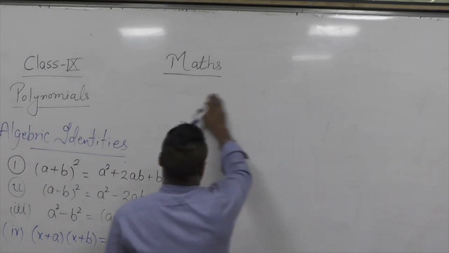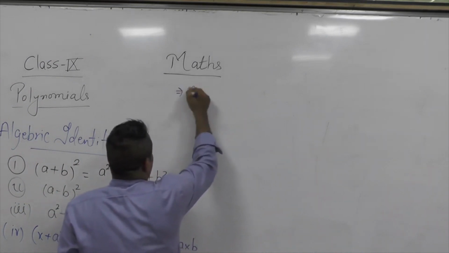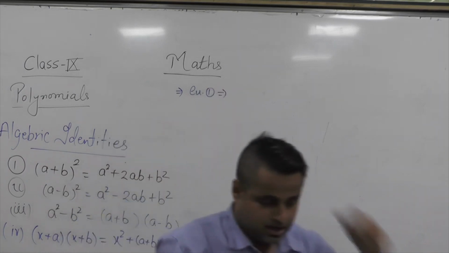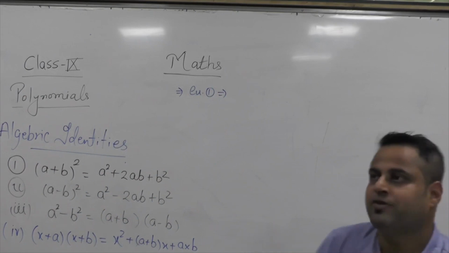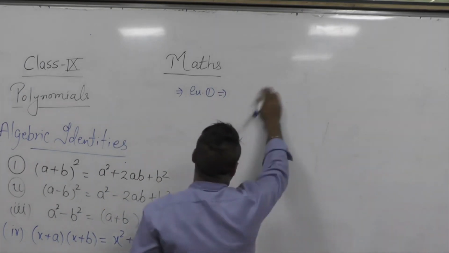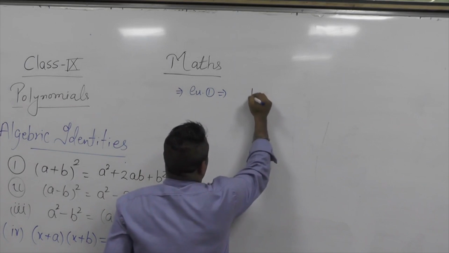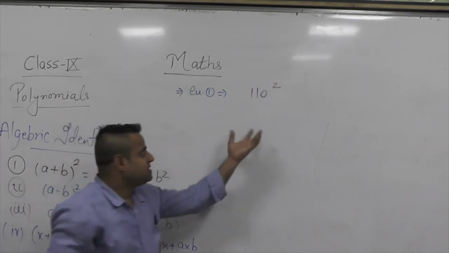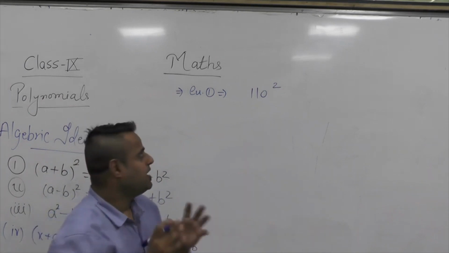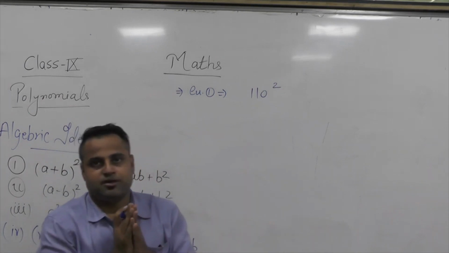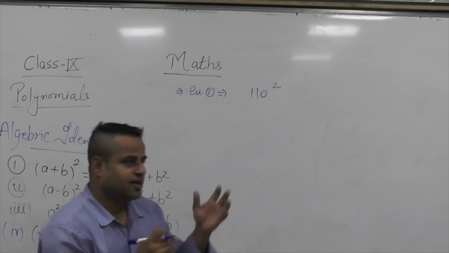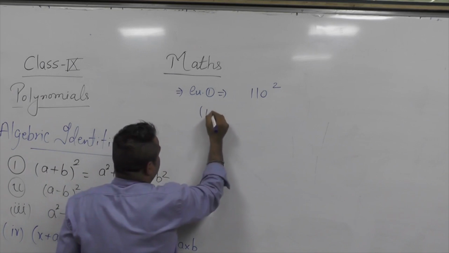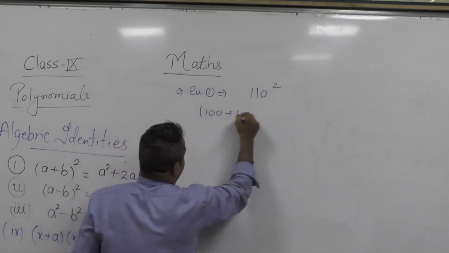Now the first identity example. Example 1: suppose we have to find the square of a number. We are taking 110 square. Now 110 is a single number, but we are dividing it into two parts so that we can get our A and B. So we can write 110 as 100 plus 10 whole square.